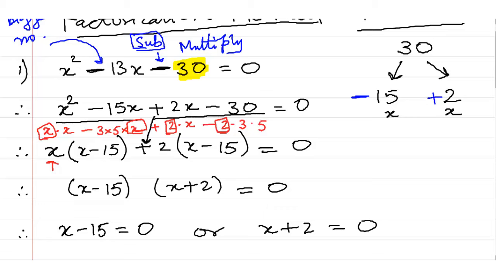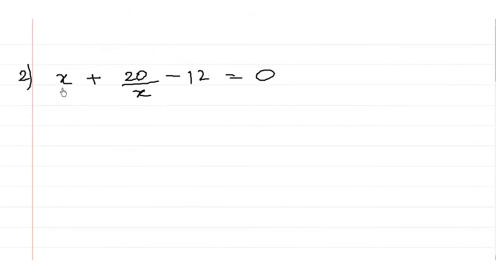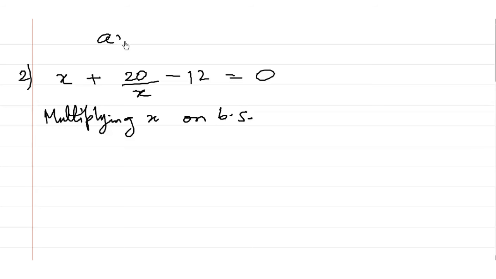Okay, so let's have a look at the other sum. x plus 20 upon x minus 12 is equal to 0. So first of all, we shall multiply x on both sides. Always remember, we need to put this in the standard form of ax square plus bx plus c is equal to 0.